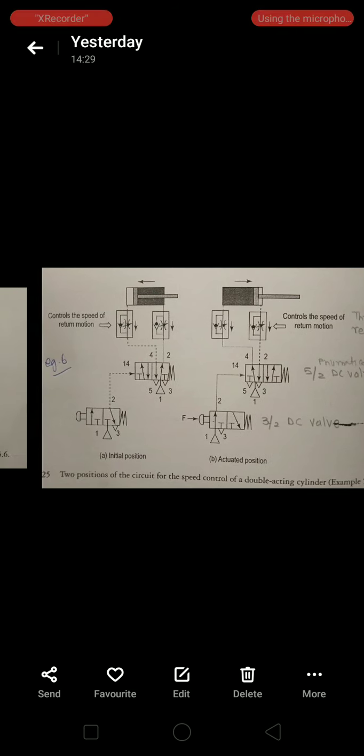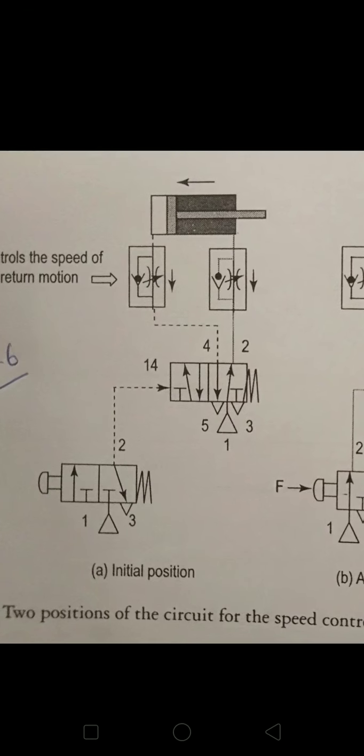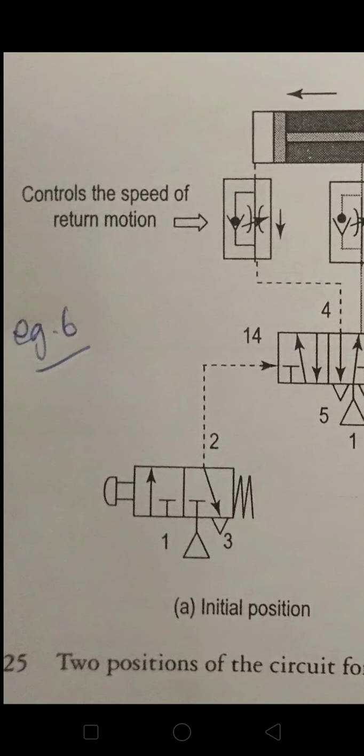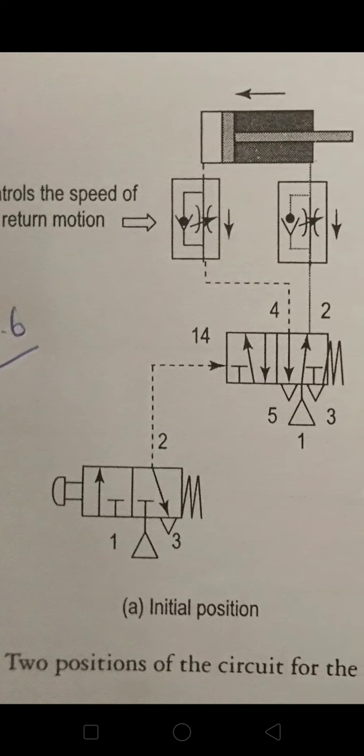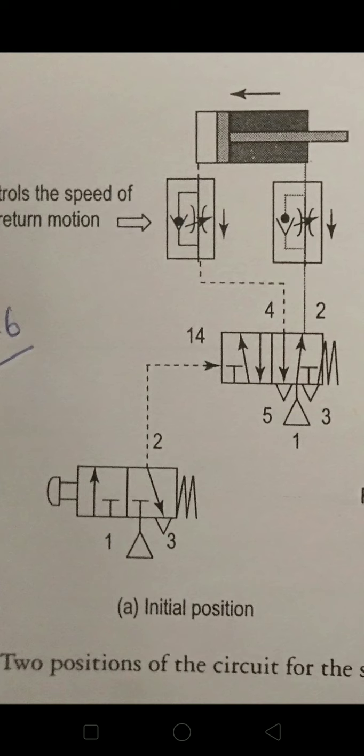And the throttle relief valve which is connected to port 4 of the final control element controls the speed of the return motion, which is from right to left. So this is how you can control the speed when you are having a throttle valve, and you can adjust the throttle valve according to your requirement.